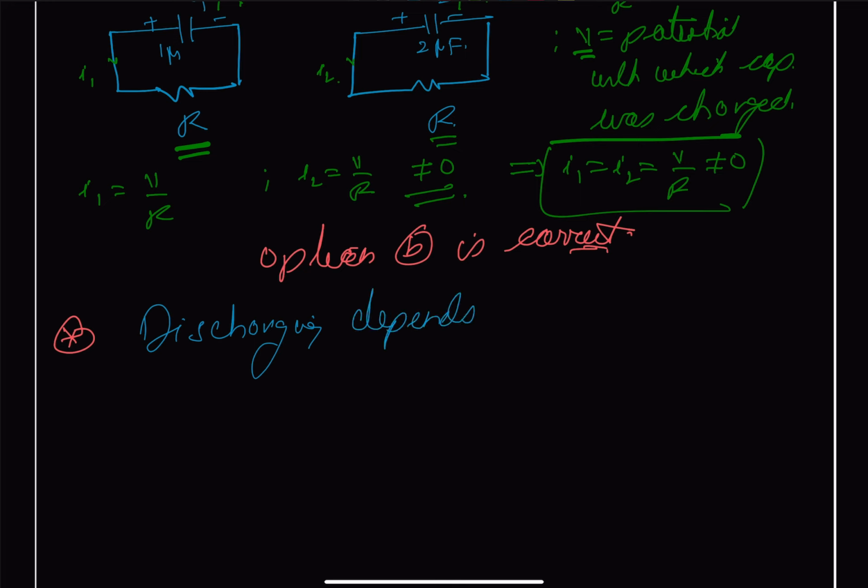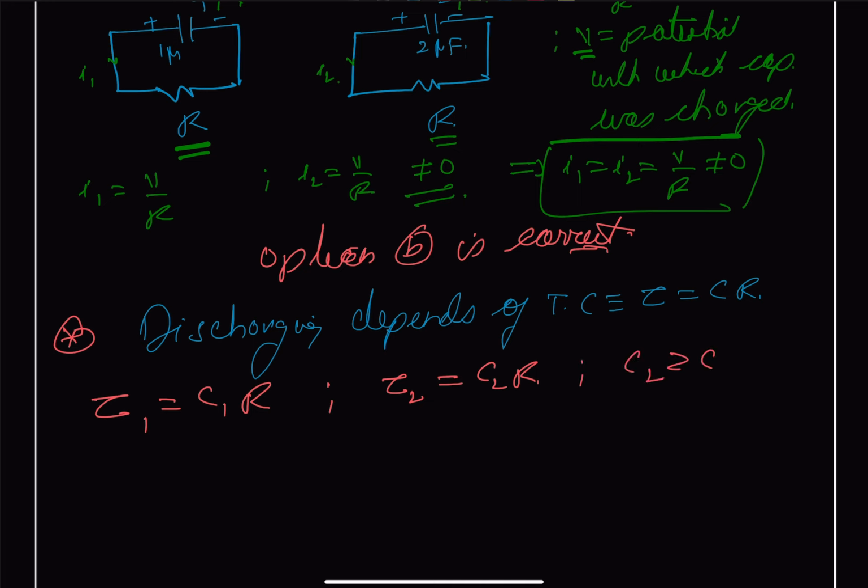So you can say that the discharging depends on time constant of the circuit, that is tau, and this tau is equal to C multiplied by R. So we have two circuits, let us call this tau 1, which will be equal to C1R, and we have tau 2, which is equal to C2R. R is same in both cases, but the value of C2 is greater than the value of C1, that is given to us, because this is 2 microfarad and this is 1 microfarad.